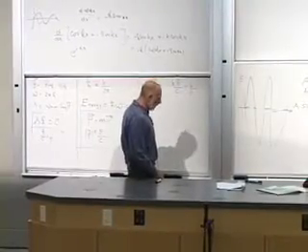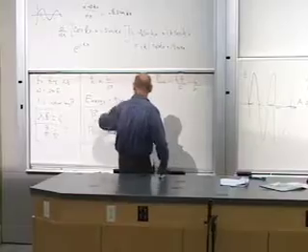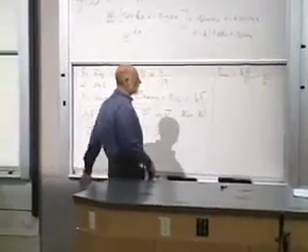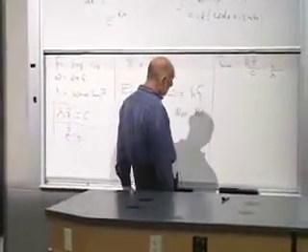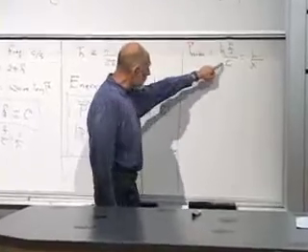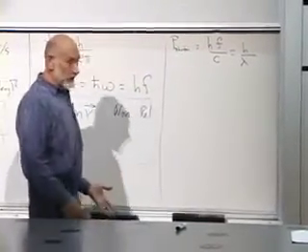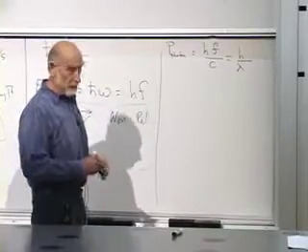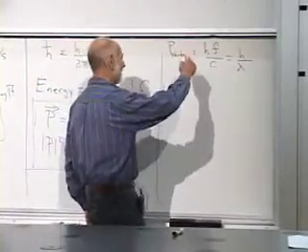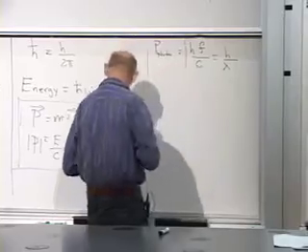Let me see if I can. Where were we? Yeah, we were trying to figure out which equations are of great generality, which are not. This one, hf over c, that contains c in it. That is not terribly general.